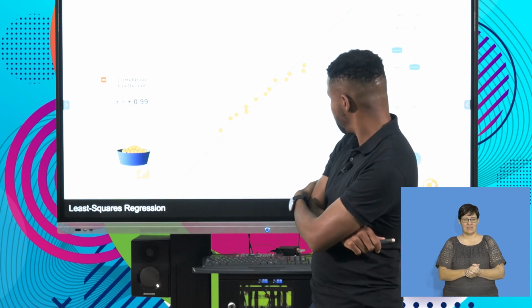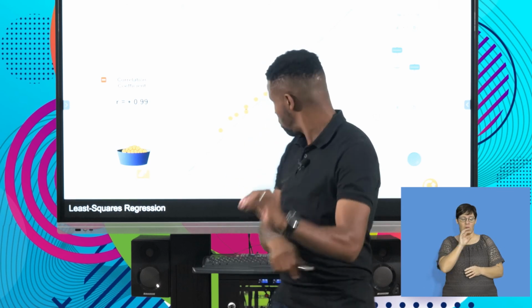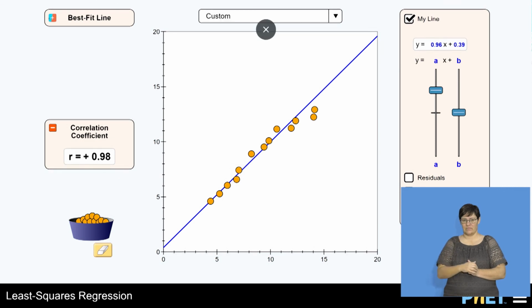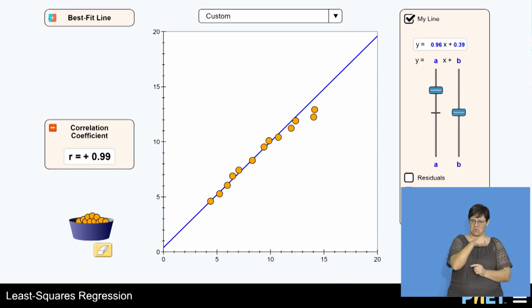Okay, and for us to get a perfect correlation, what must happen? Actually, all the points must be on a straight line. Let's see if we can get this close to 1. If I move this there, move that point on the line, move that point on the line. This is on the line. If I move that, not changing, still 0.99.